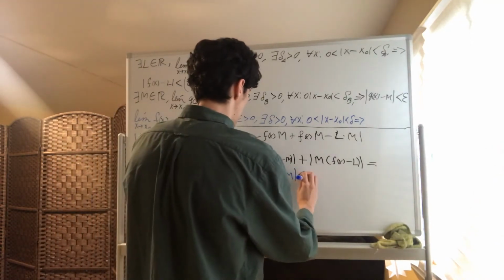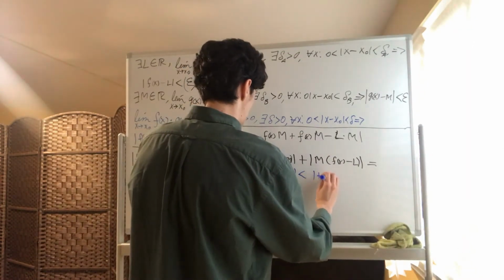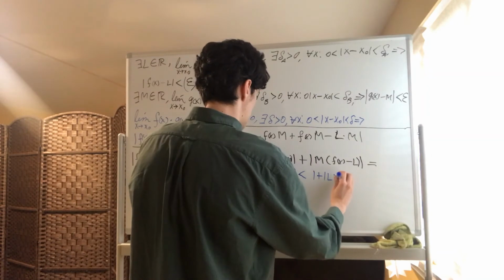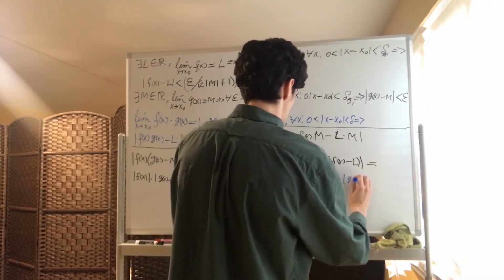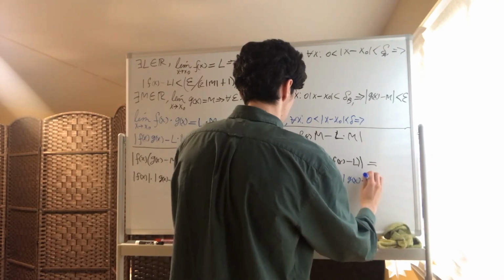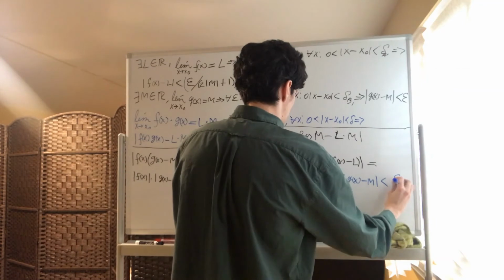Right, this right here is less than 1 plus absolute value of L times the distance between g(x) and m. And our goal, right, is to make this less than epsilon over 2.